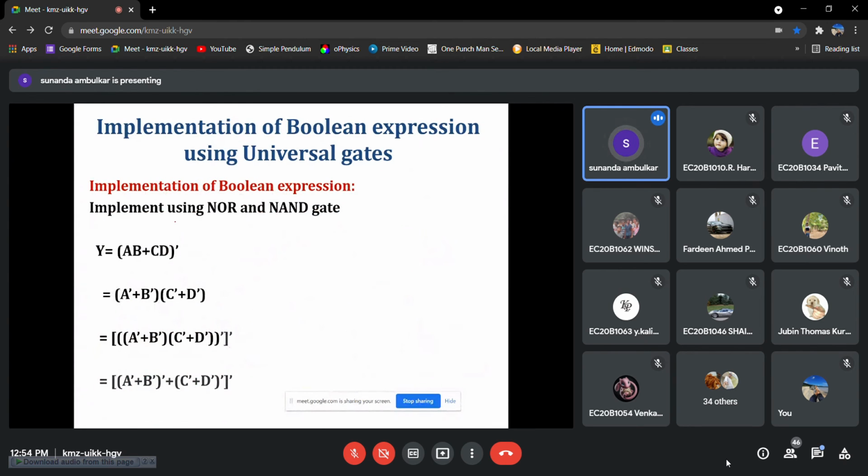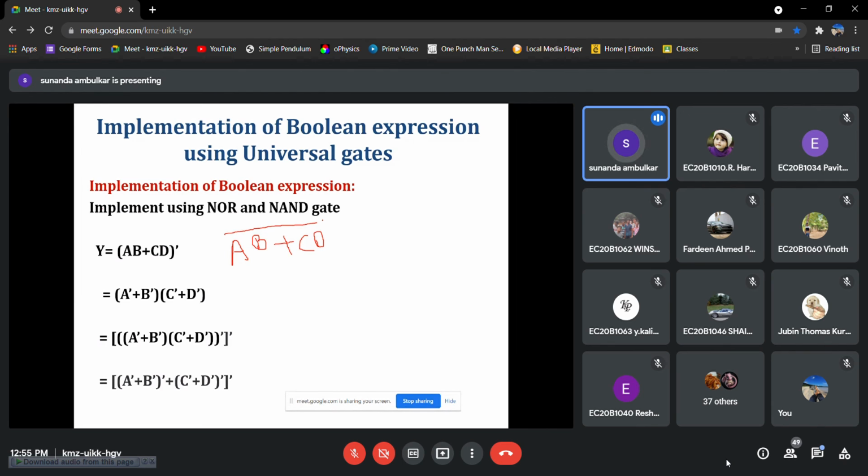Now here is a simple example to implement a very simple expression using the NAND gate and the NOR gate. First we will take the NOR gate. To implement any Boolean expression, see, for this particular example, (AB plus CD) whole bar.